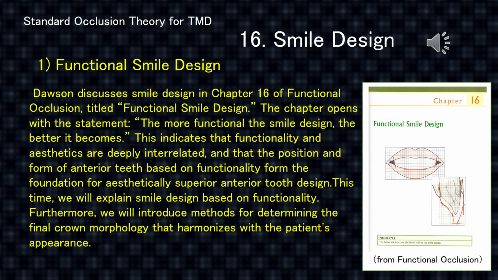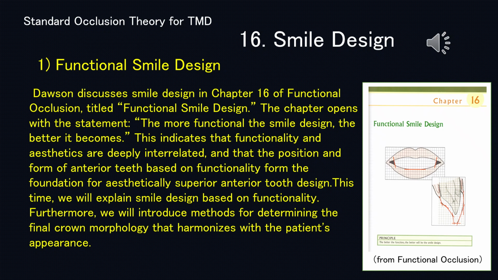1. Functional smile design. Dawson discusses smile design in Chapter 16 of Functional Occlusion, titled Functional Smile Design. The chapter opens with the statement, "The more functional the smile design, the better it becomes."